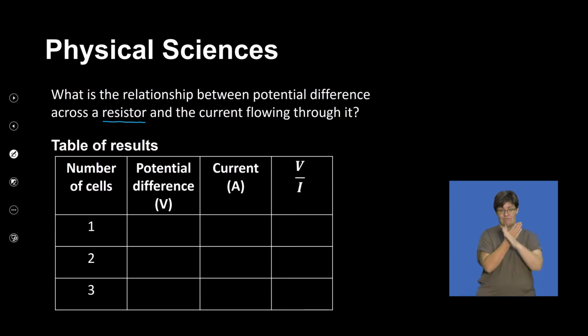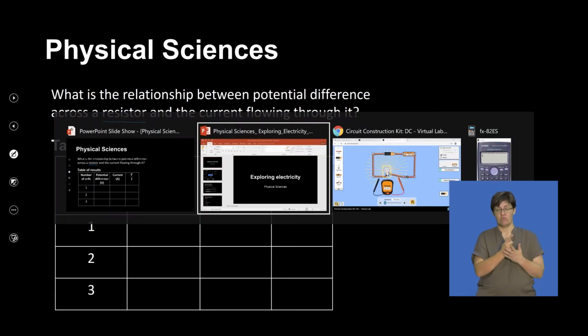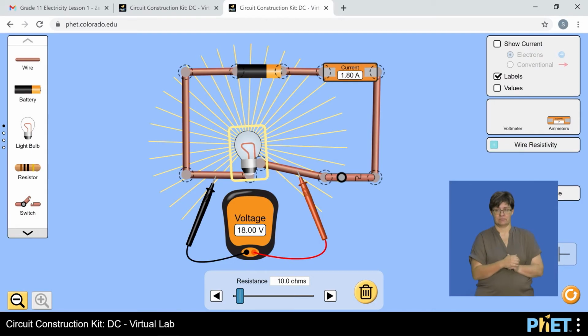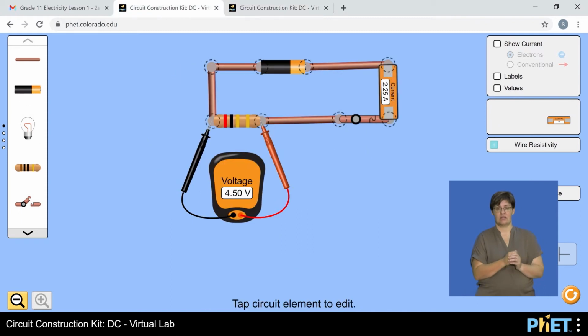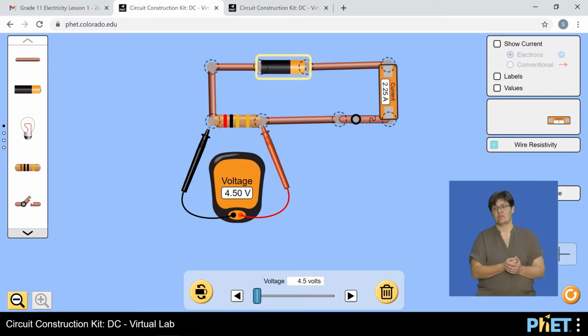So for our simulation, this is what we have now. This is a simple circuit that has been connected on a PhET simulation. So this is the actual one. For argument's sake, let's start with 1.5 volts across the battery.